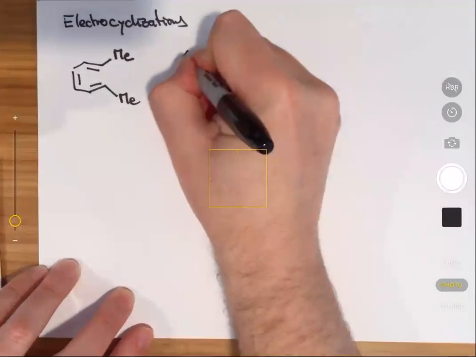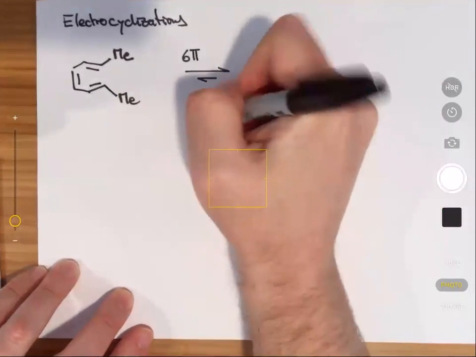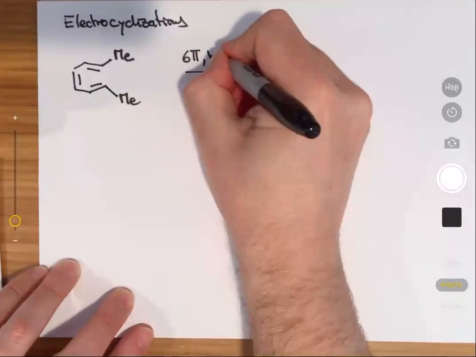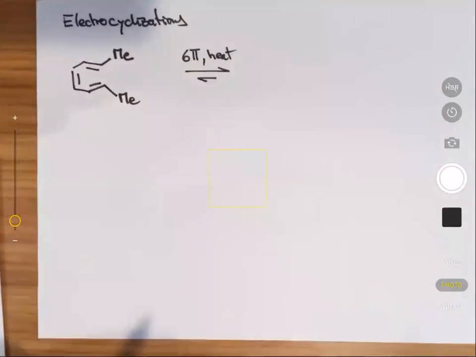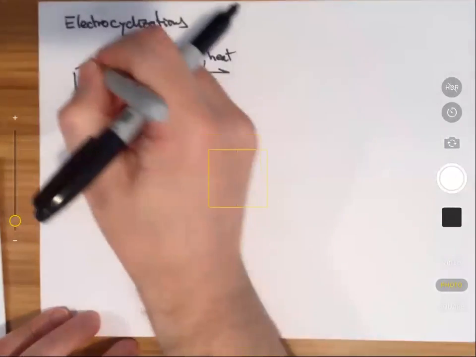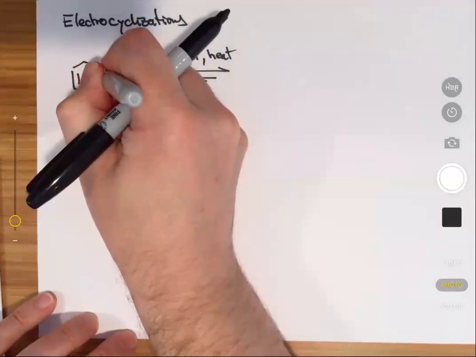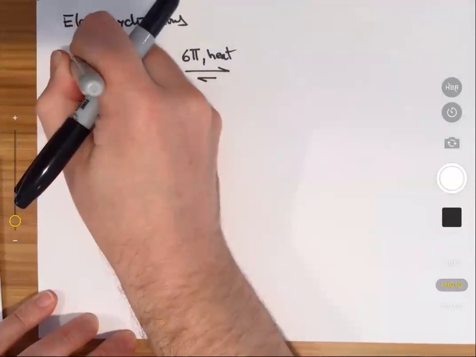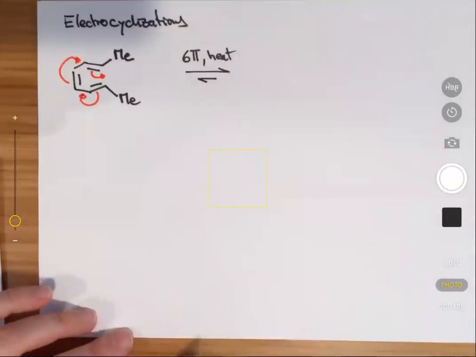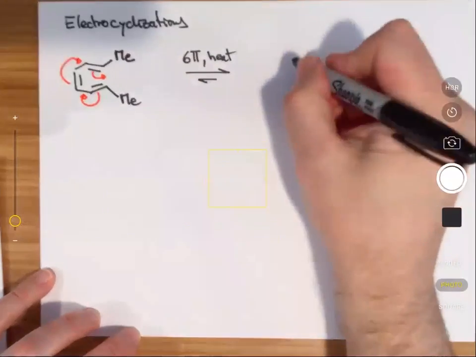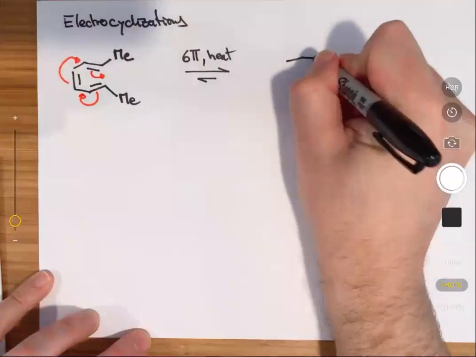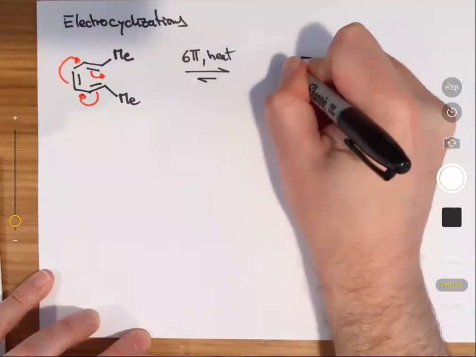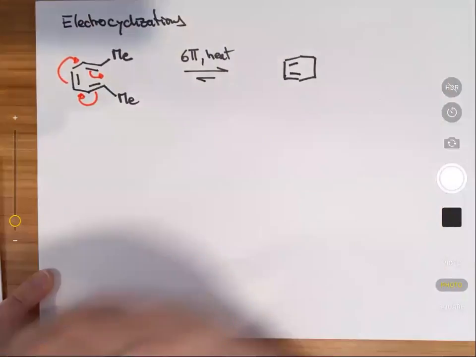So this is a 6-pi electron system. And if we just heat this, we can push the electrons around in the system. So we can say these bonds go over here, these go over here, and these electrons move onto this side. And what we expect to get is a 6-membered ring now with 2 double bonds in this position.